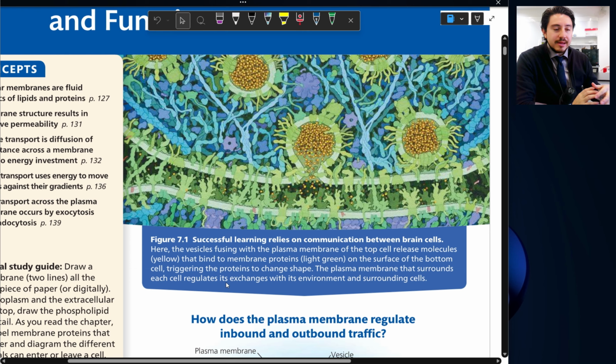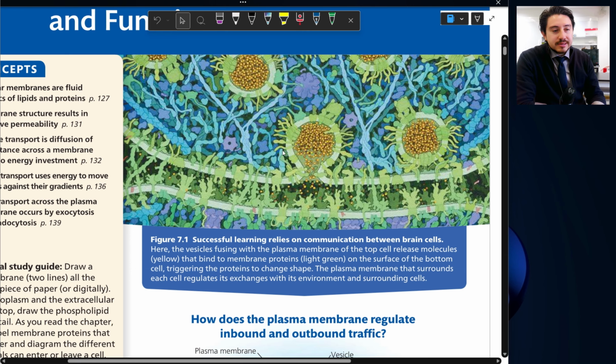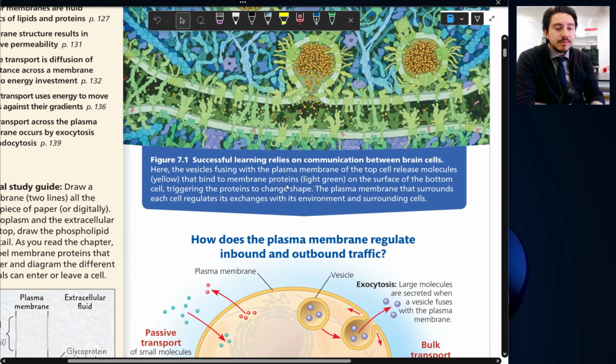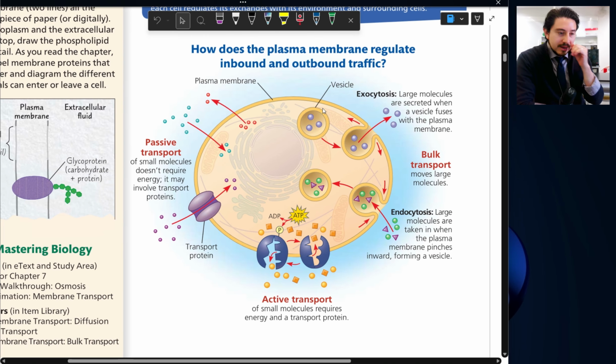Okay, the plasma membrane that surrounds each cell regulates its exchange with its environment and surrounding cells. So we're going to look at what exactly happens and how it happens in this system of transportation of material. So how does the plasma membrane regulate inbound and outbound traffic? We're going to take a look at different ways: bulk transport, passive transport, active transport.